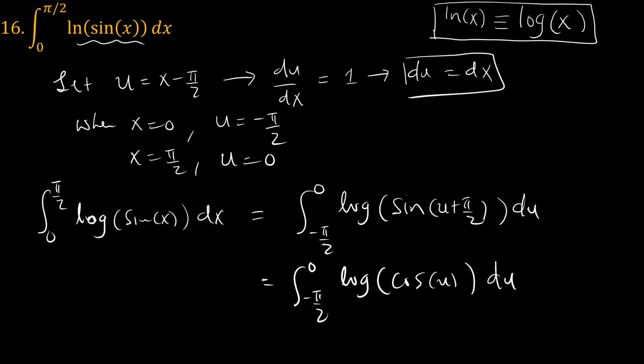Okay. So with that in mind, we have pi over 2, 0, cosine of u.